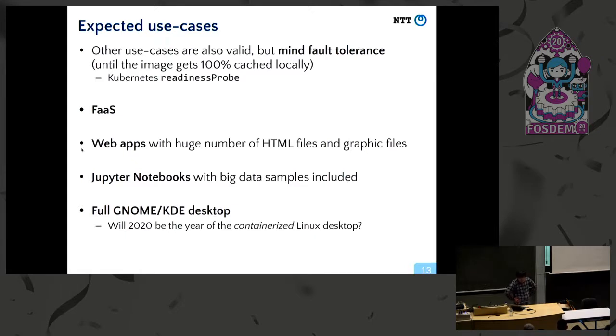And we can also use it for GNOME or KDE desktops in a container, maybe with the era of containerized Linux desktop. But for these use cases, we probably need to consider fault tolerance until the image gets 100% cached locally. You can use the Kubernetes readiness probe for inspecting the cache status.